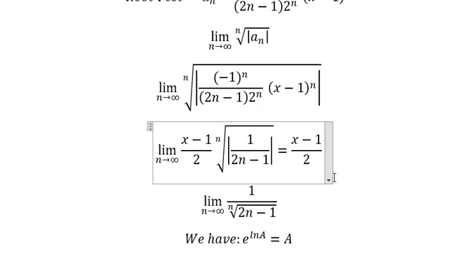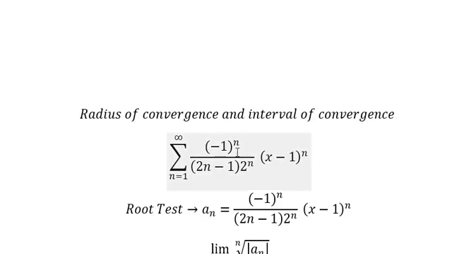So after that we have |x minus 1| over 2. If we look carefully, we have negative 1 to the power of n. In this case, when we consider the sign, it will be negative, positive, negative, positive.